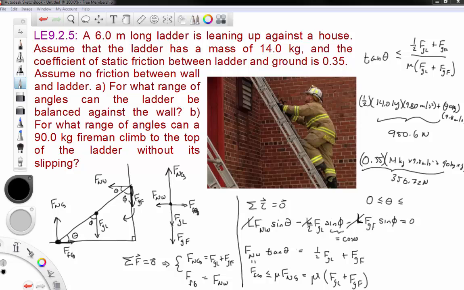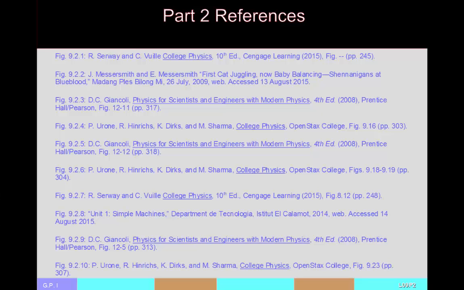So if you take the inverse tangent of that, you get 69.4 degrees. So theta needs to be between 0 and 69.4 degrees in order for this firefighter to be able to climb up to the top of the ladder, which may be contrasted with the result we got previously with no firefighter. 0 to 55 degrees would be okay for the ladder to stay stationary.